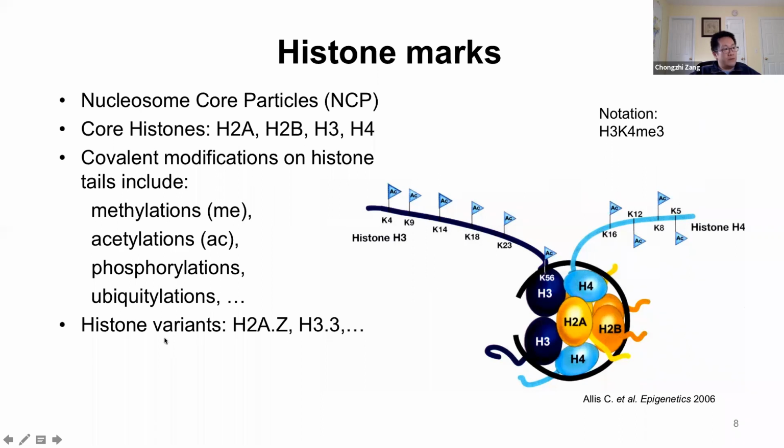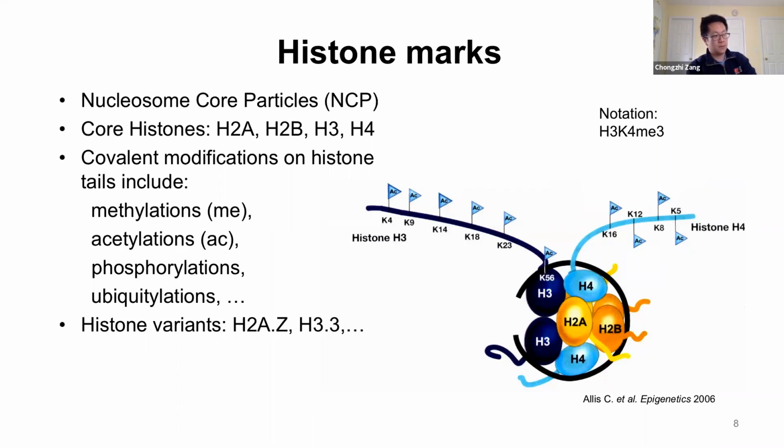So that is for histone modifications. Besides histone modifications, there is another group of histone marks, histone variants, which have a certain level of structural variation or differences in the protein sequence of the histones.